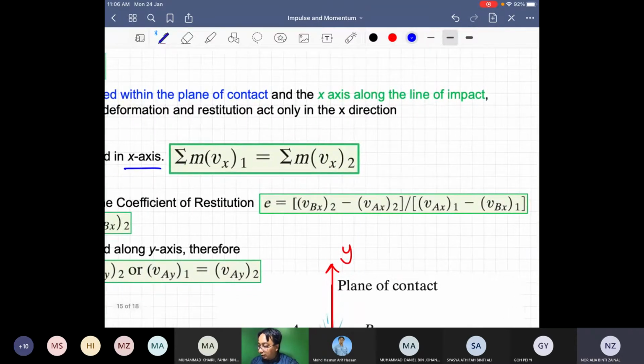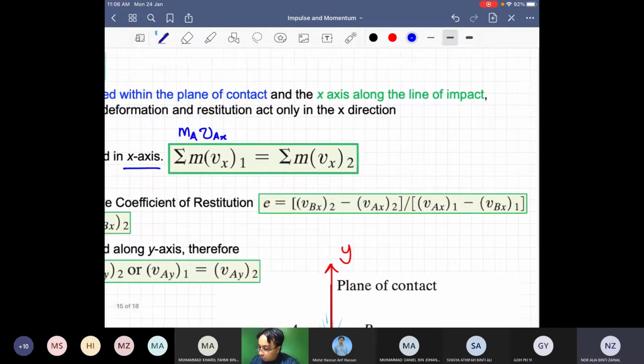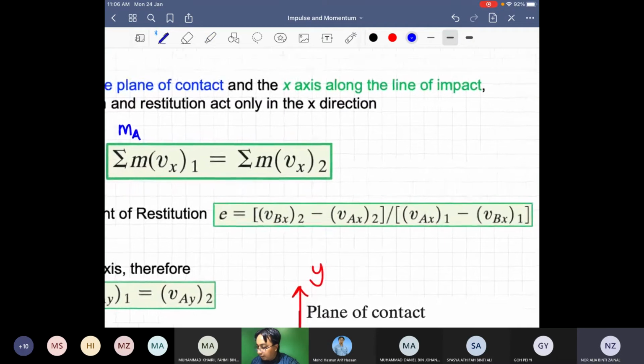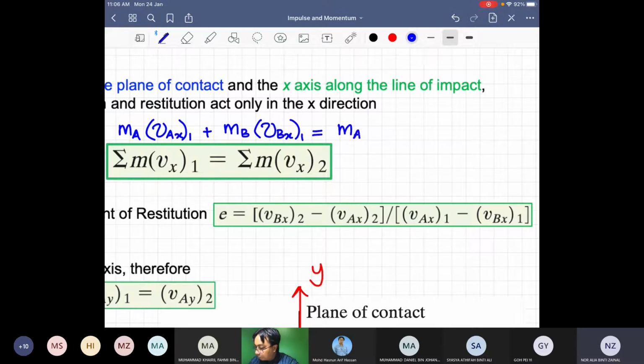Dalam kata lain, equation yang you perlu guna ialah MA VAX1 tambah MB VBX1 sama dengan MA VAX2 after impact tambah MB VBX2.